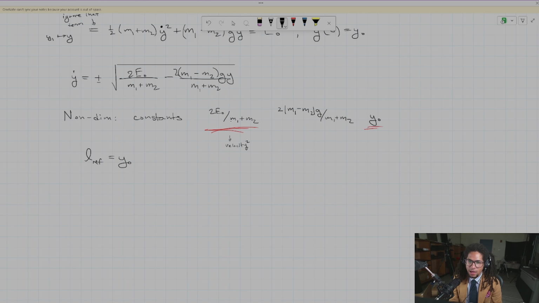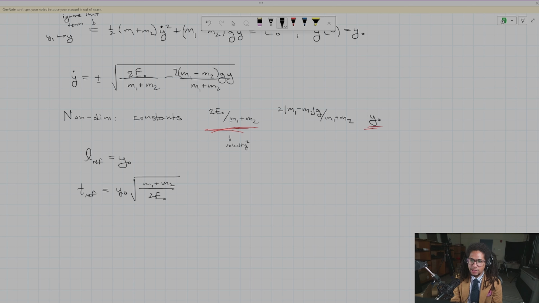All right, that means if I take the square root of this thing, I have something with dimensions of velocity. And if I divide a length by a velocity, then I get a time. So that tells me that T ref should be equal to y naught divided by the square root of this thing, or multiplied by m1 plus m2 over 2e naught. Great.